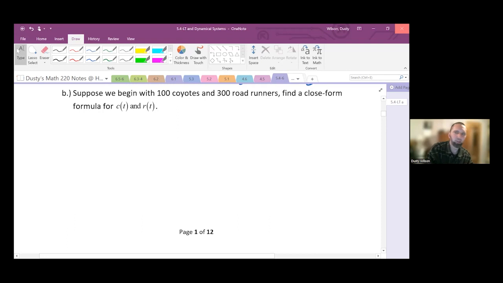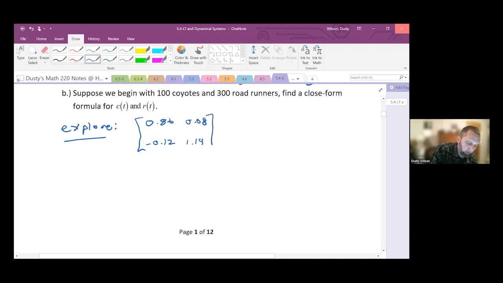So to do this, we're going to do a little exploration. So we're going to start by exploring. So we have our formula. We have that X of t is given by that same matrix from above, 0.86, 0.08, negative 0.12, and 1.14 times 100, 300.